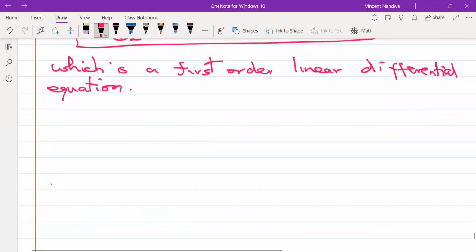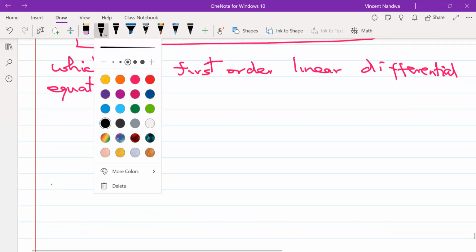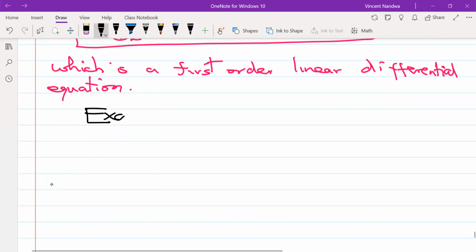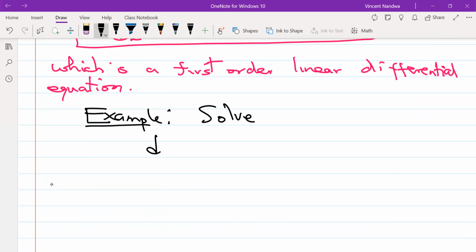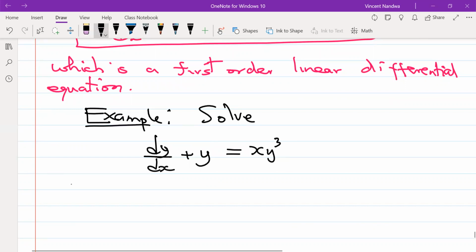Let's put sense in these steps with an example. Solve dy/dx plus y equals x y to the power 3.